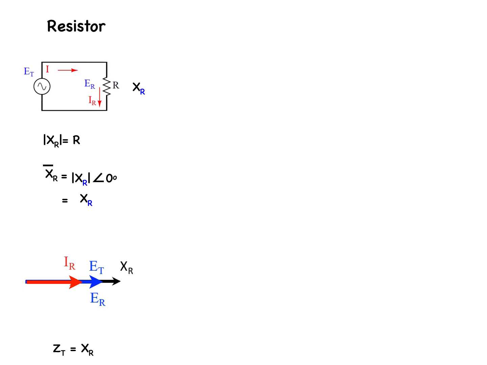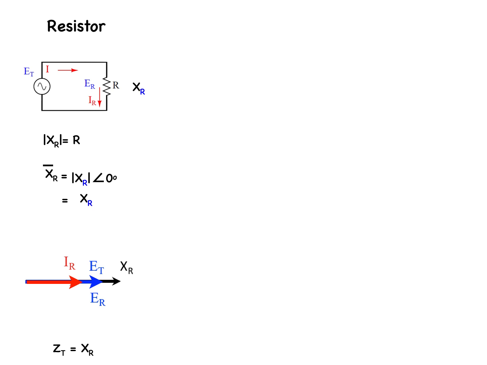Now, if we do a quick review of what we've learned, if we're looking at just a resistor in an AC circuit, we describe the reactance of the resistor as just the resistance itself, and the phasor is X subscript R at 0 degrees, or in phasor notation just X subscript R. And because it's just a passive resistor element, the current and the voltage are going to be in phase with the reactance.